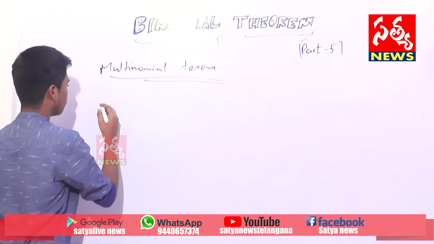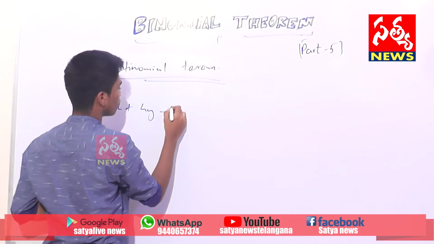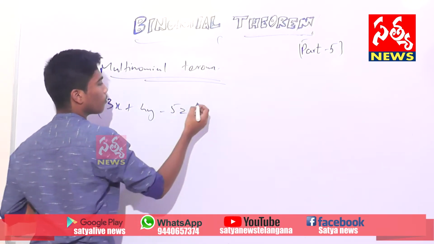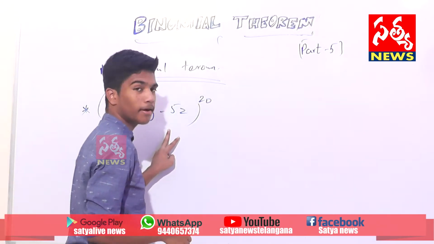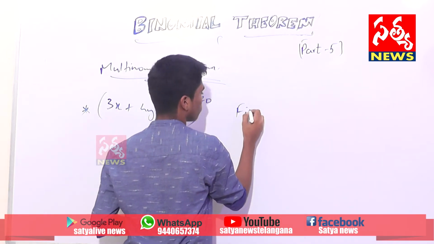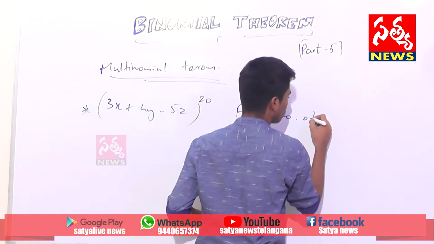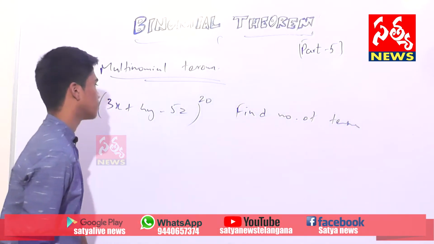Let's understand by an example. Take 3x plus 4y minus 5z whole power 20. This is a multinomial expansion, right? As three terms are there. Find the number of terms in the multinomial expansion.